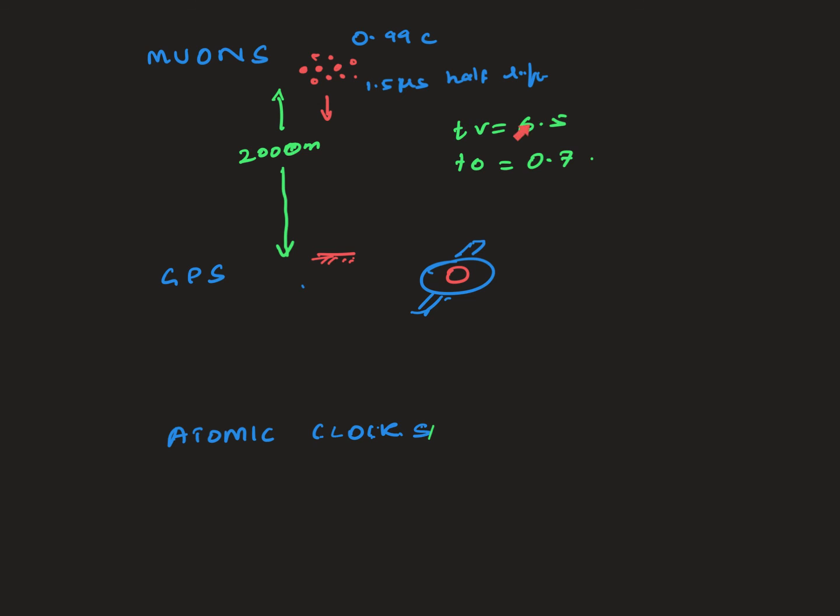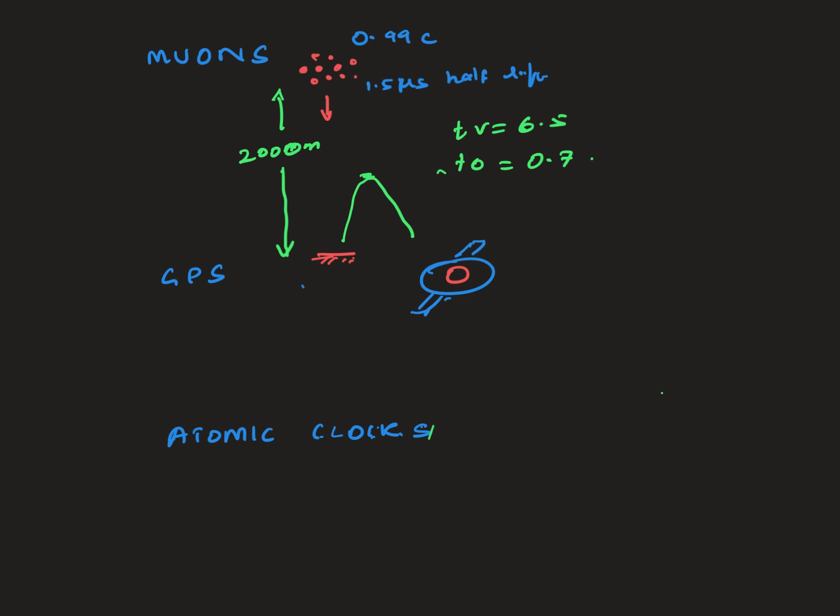For us, time is dilated, and for them, the length is contracted. According to the muons, they don't see a big mountain, but a little hill. They reach the surface over a shorter distance in a shorter time. So this is a real example of Einstein's time dilation.